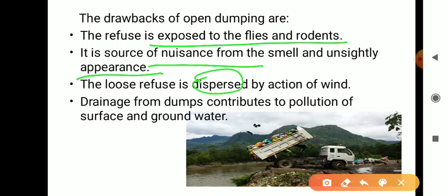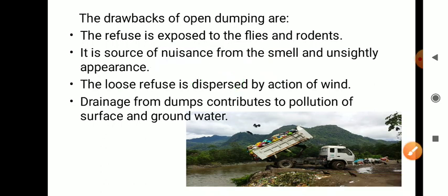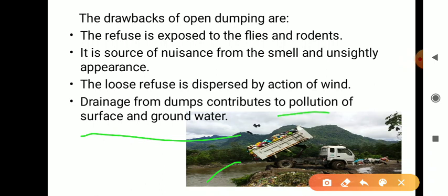And the drainage from the dumps contributes to the pollution of the surface and groundwater. As in the picture you can see, the dumping process is taking place here. They are dumping the waste in a river, and so ultimately it will pollute the surface and the groundwater.